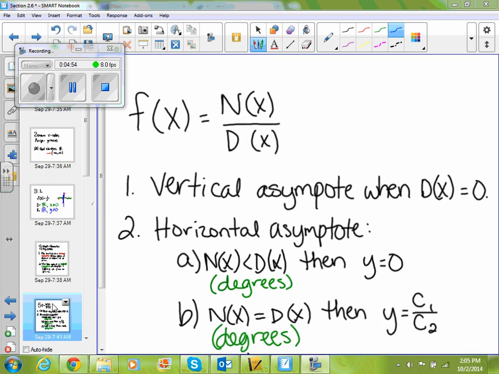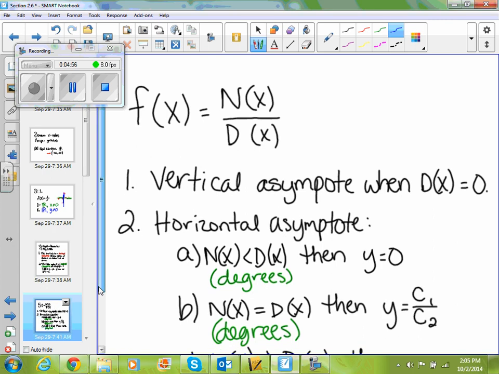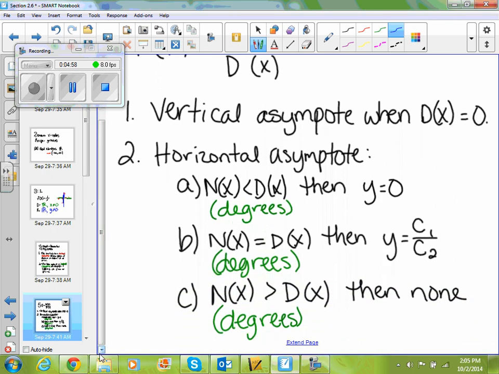Okay, and then lastly, c, if your degree of n of x is greater than your degree of d of x, then there's no horizontal asymptote. And these are your leading coefficients. The c1 and c2 are your leading coefficients.